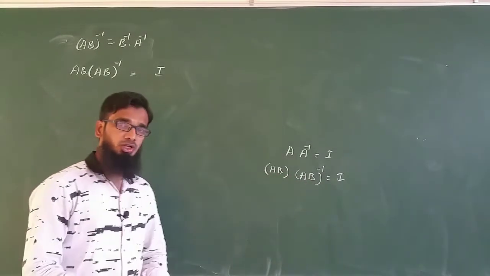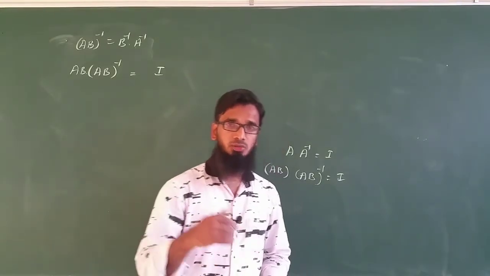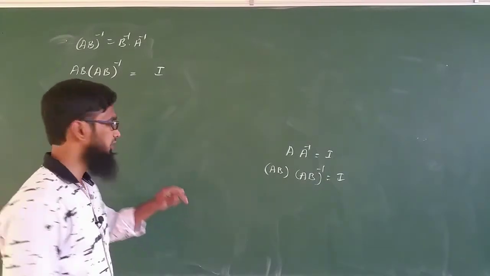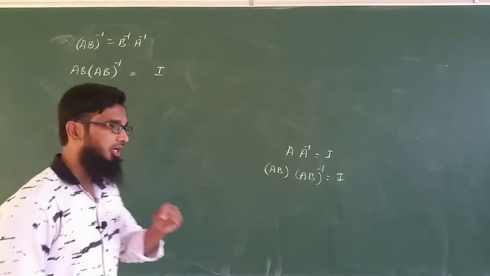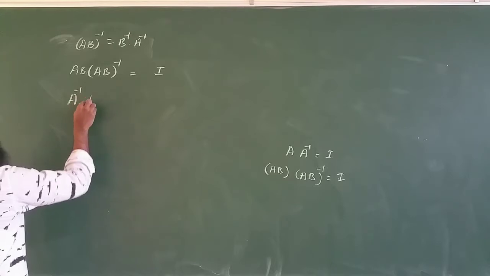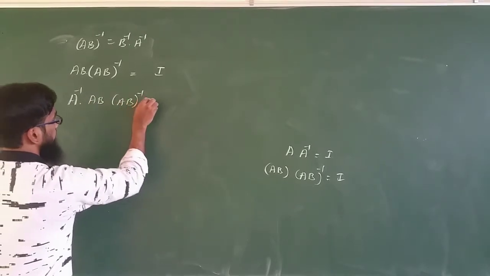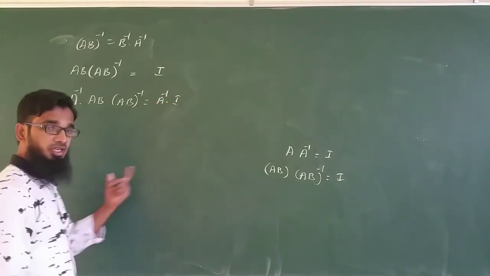Now the next step, I'll multiply A inverse on both sides. But the thing is that A inverse I have to multiply at the starting, that is, we have to pre-multiply the A inverse. So I take A inverse into AB, AB whole inverse, that is A inverse into I. How are we getting this?